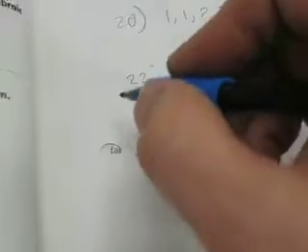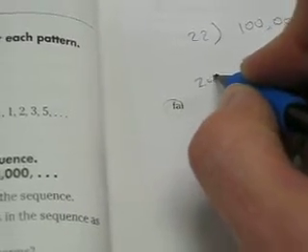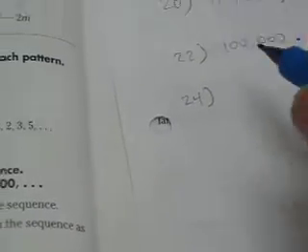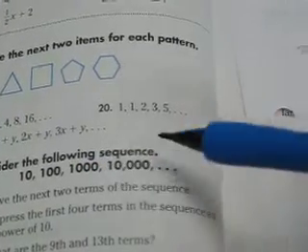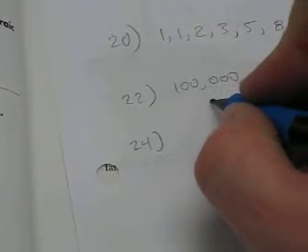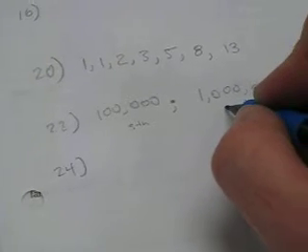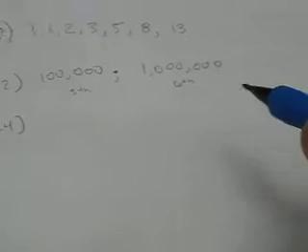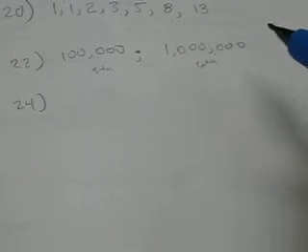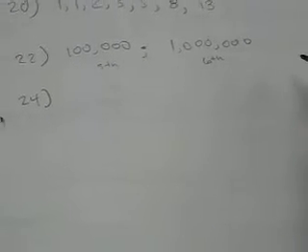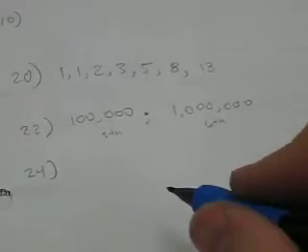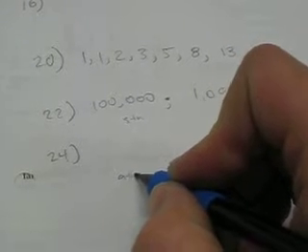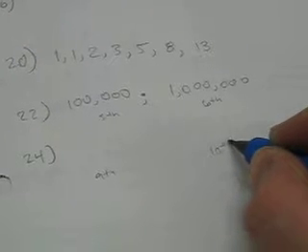Okay, that is 22, and 24 looks like this. What are the 9th and 10th terms? Well, we had 1, 2, 3, 4. This was our 5th term. This was our 6th term. So if we continued it from there, we would have one extra 0, and then another extra 0, and then another extra 0, until we got to our 9th term and our 10th term.